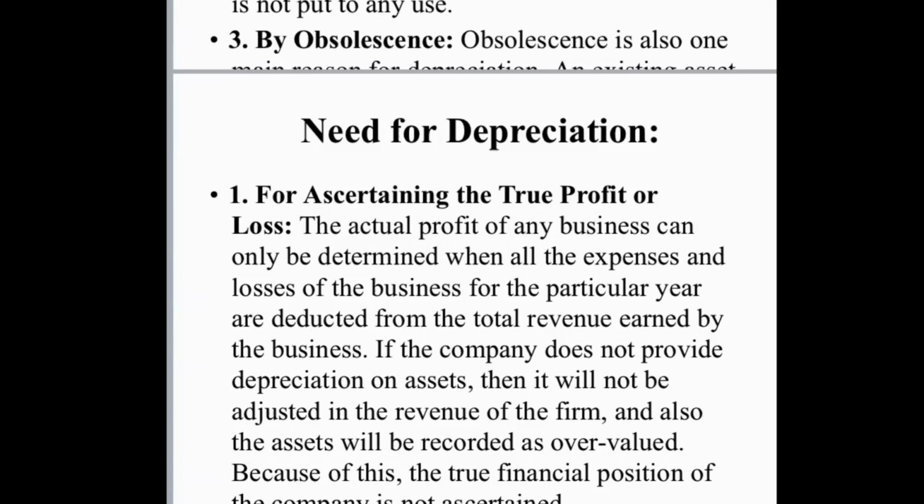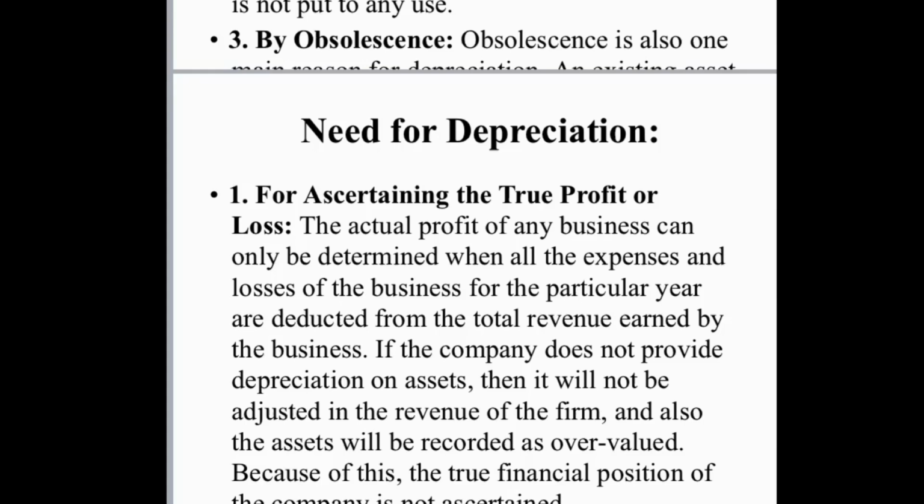Is it essential to calculate depreciation? Yes, it is essential. First, if we calculate depreciation, you can purchase another asset after 5 years. Second, if you calculate depreciation, you can show the correct profit.